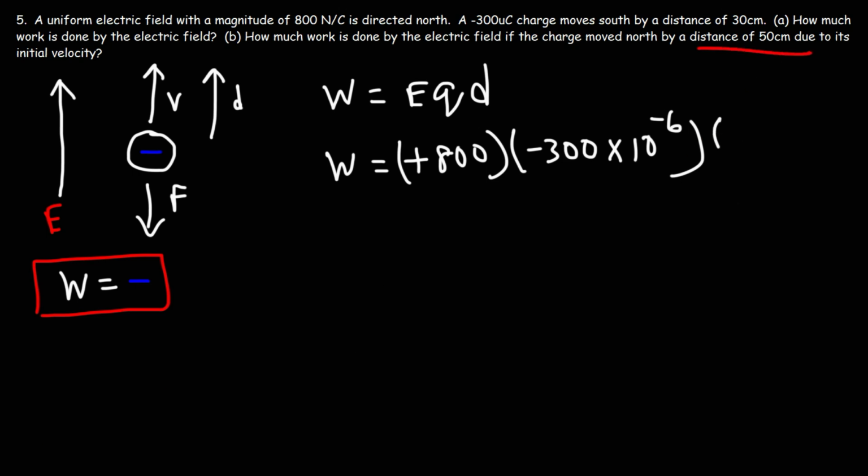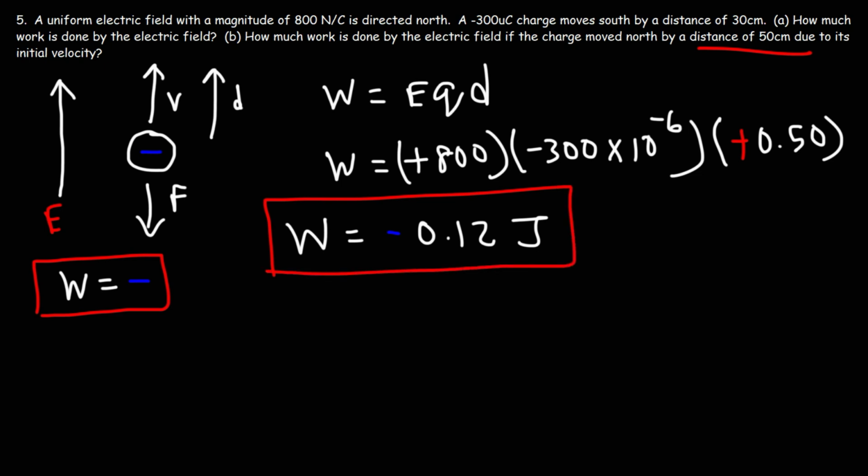So the displacement is going to be positive 0.5 meters, since we're moving in the positive y direction. And the answer that we get is indeed a negative answer. The work done by the electric field is going to be negative 0.12 joules. And so this is the answer.